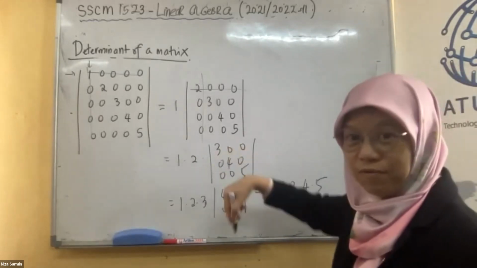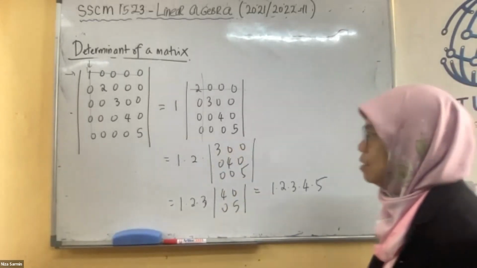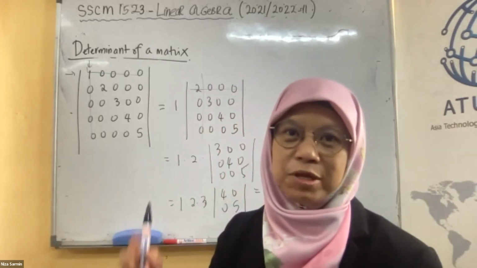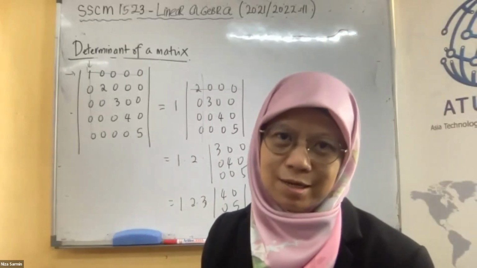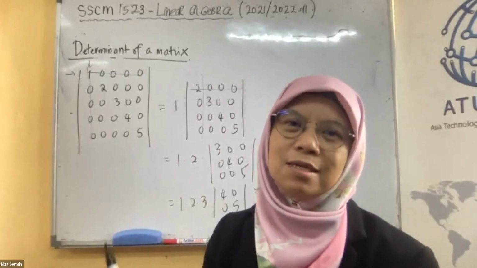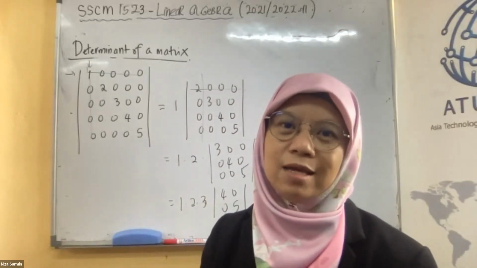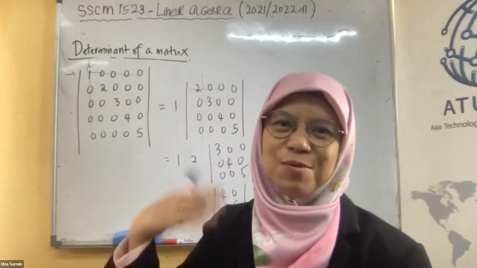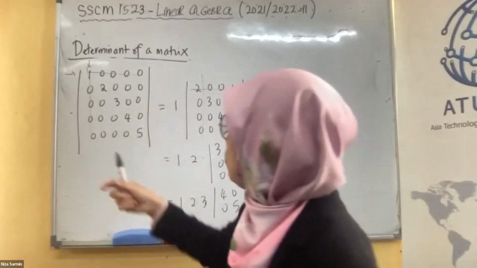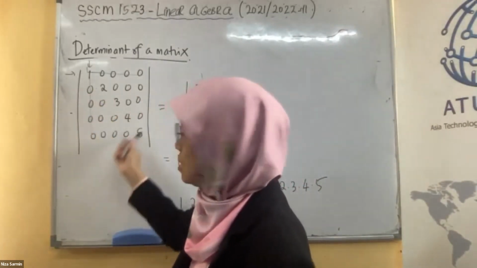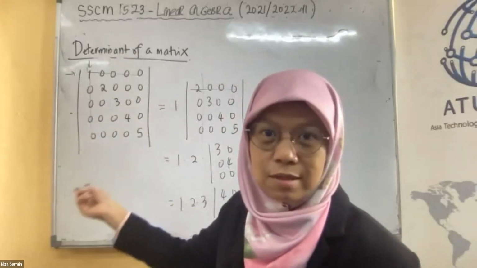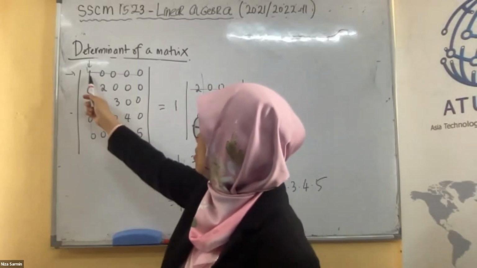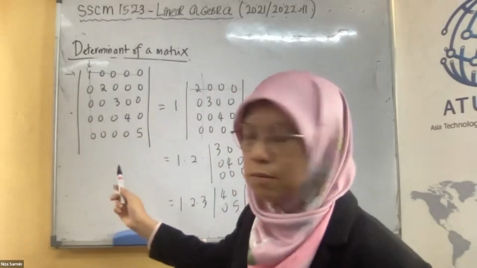And then again, 4, 5. So this comes to the property of the determinant: if the matrix is a diagonal matrix, the determinant is the product of the diagonal entries. Because we do it once, and then once, and then once again.